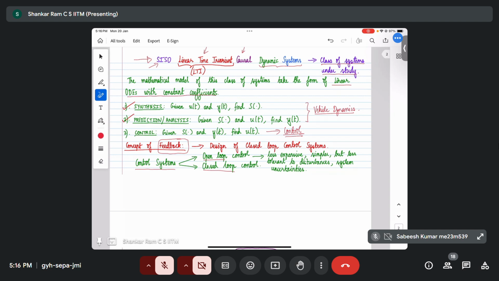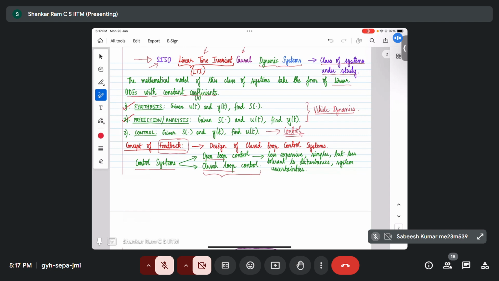On the other hand, let us say there is an industrial application where I want the fan to be operated at a very accurate speed, right, of let's say 100 RPM. Then what do I do? I put in a speed sensor, I measure the actual RPM, and then I compare it with what I design. Let's say it's 100 RPM. If there is an error, I take corrective action.